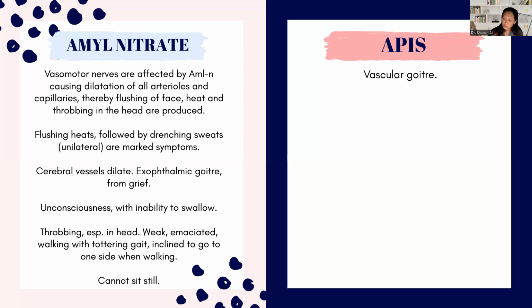So every case that you see will have a different part which will be highlighted. Like suppose in a patient of calcarea, you'll find the thickness of the skin, the chilliness of the patient, the dullness, the constipation, all looking like thyroid. But you may not find some other symptoms of the thyroid.